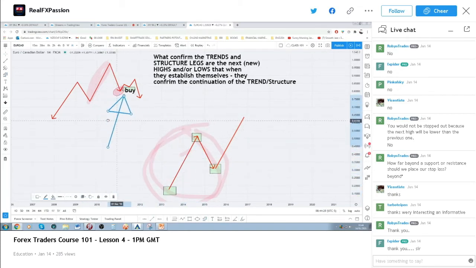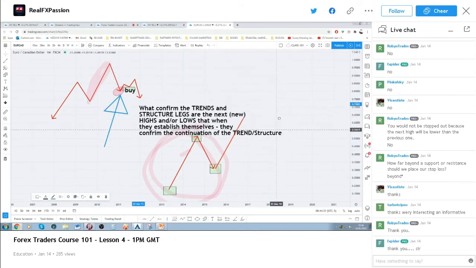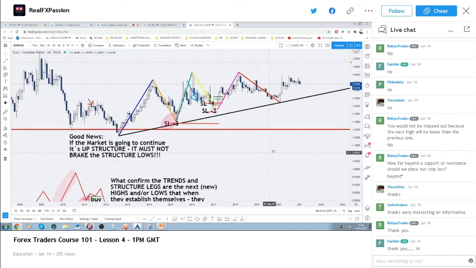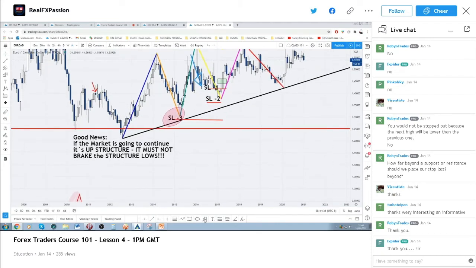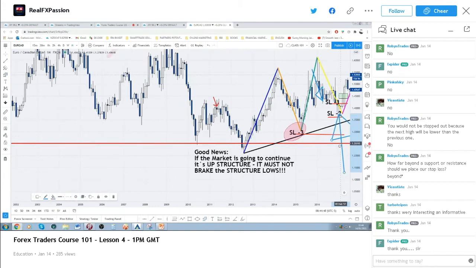Even though on a live chart, back in time, you don't see the future when you trade, even though this was a low, the market could still retrace further down and take you out, take your stop loss number 1 out, take your stop loss number 2 out, but the structure has not changed.